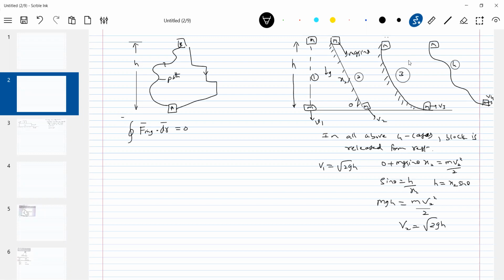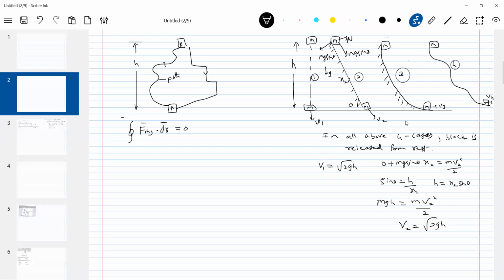Look at the first and second case. Actually, weight does work only through its component, mg sine theta. The other component acts perpendicular to the incline, normal to the contact, and the work done by that will be 0. So only the component of weight does work here.